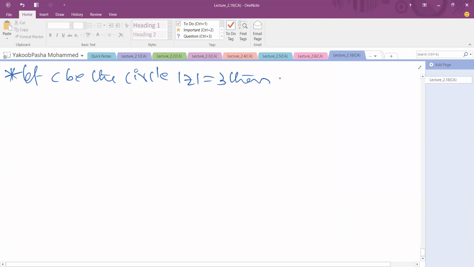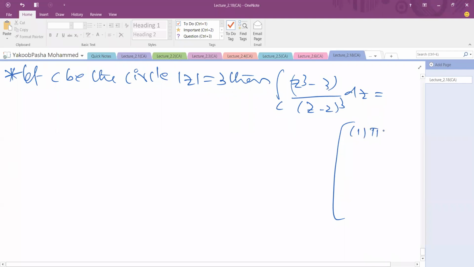Then the integral over C of z cube minus 3 divided by z minus 2 whole cube dz is equal to, we have options. Option 1 pi I, option 2 12 pi I, option 3 2 pi I, option 4 0.